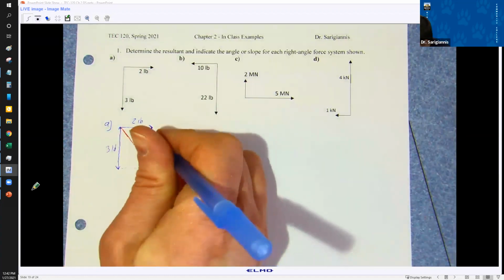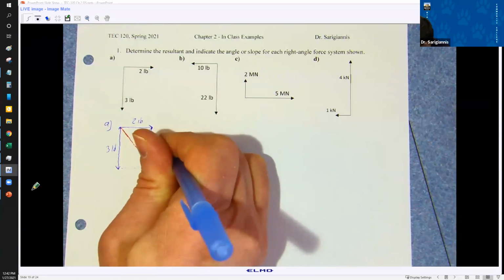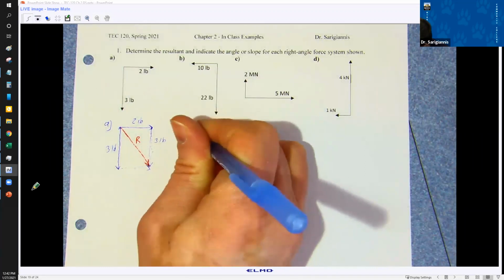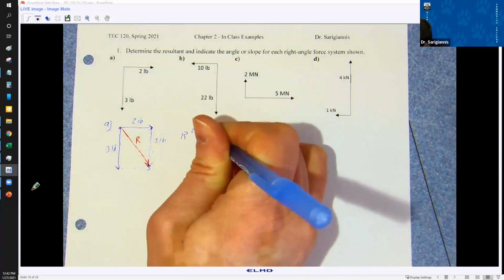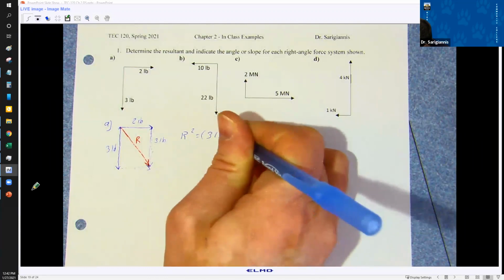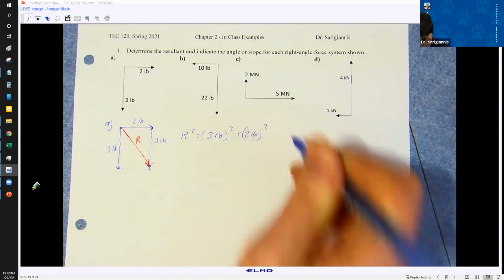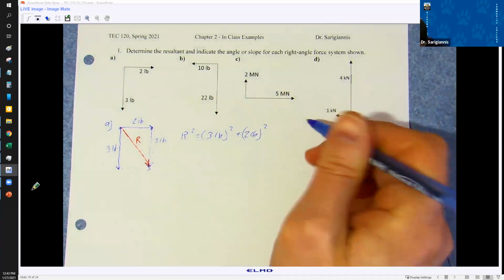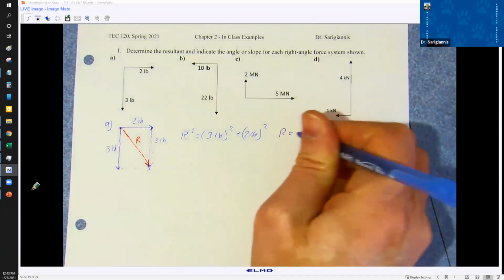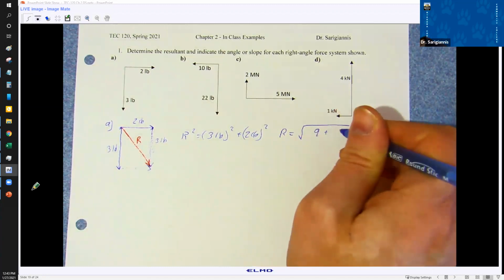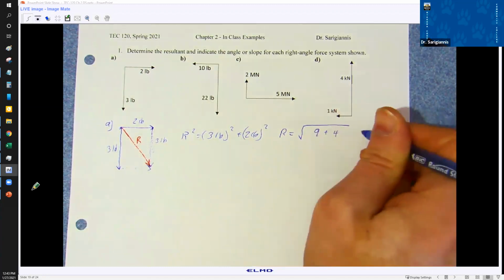So what do you do when you have a triangle like this? You can figure out R using the Pythagorean theorem. So we see here that R is just the square root of 9 plus 4.